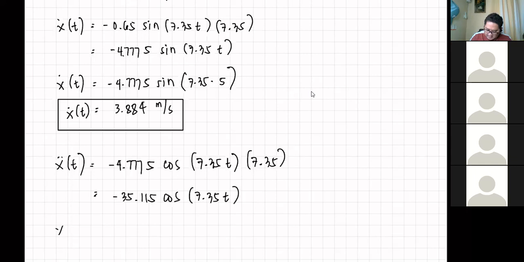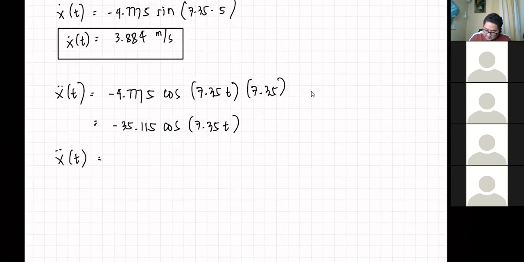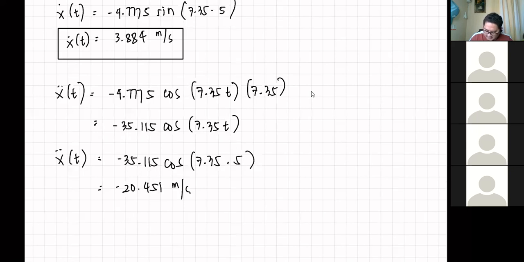Then substitute lang natin yung value ng t, which is 5 seconds, equals to negative 35.115 cosine of 7.35 times 5. So we have negative 20.451 meter per second squared as yung ating acceleration.